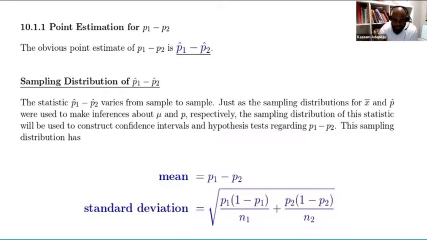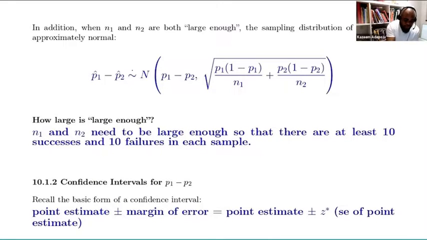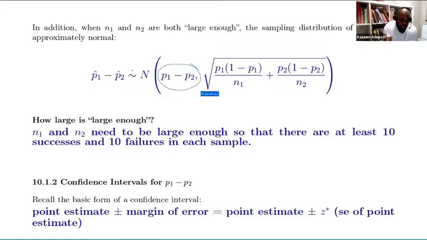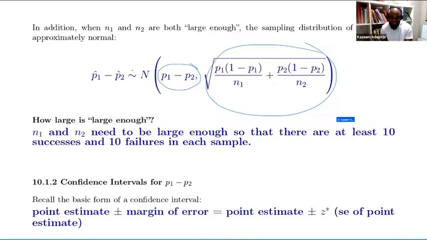Now, because of that, we're going to impose this condition. By the central limit theorem, if the sample sizes we choose from the two populations are sufficiently large, then the sampling distribution of the point estimate, that is P cap 1 minus P cap 2, will approximately follow a normal distribution. This is going to be the mean, and this is going to be the standard deviation of that.